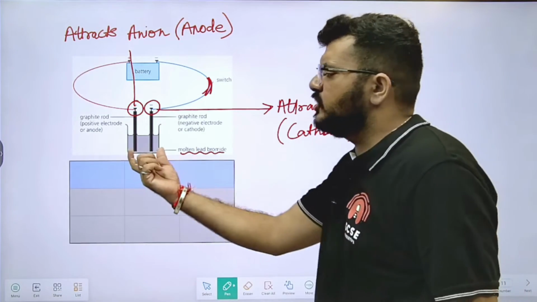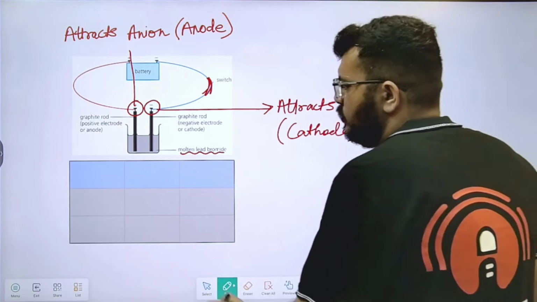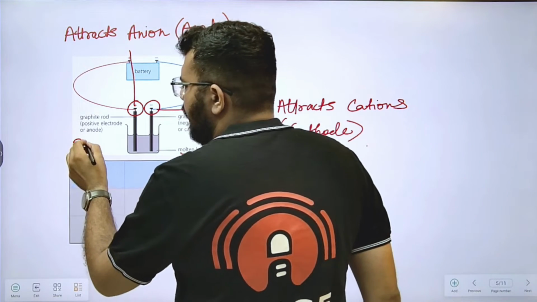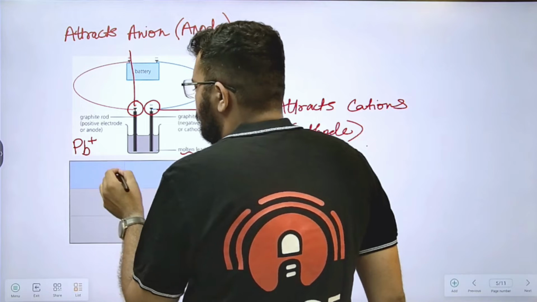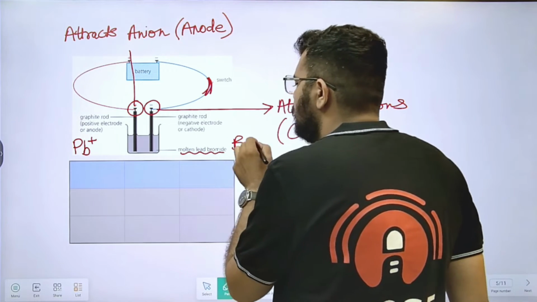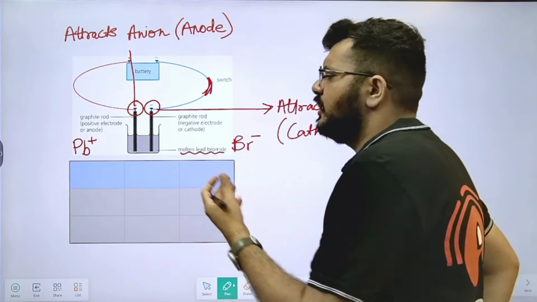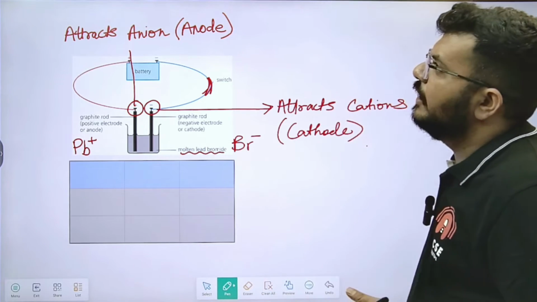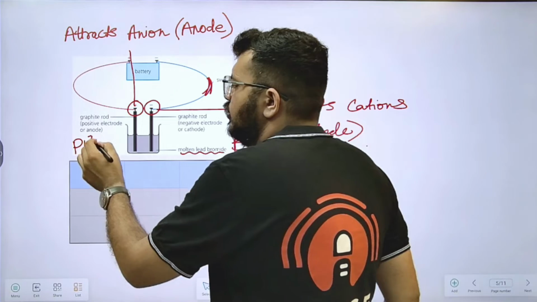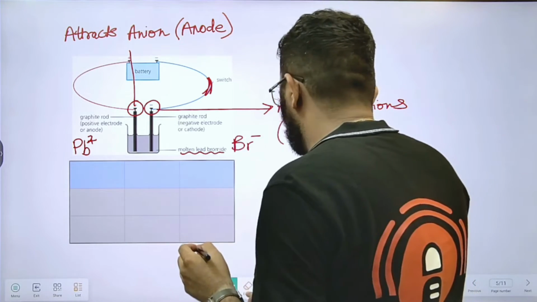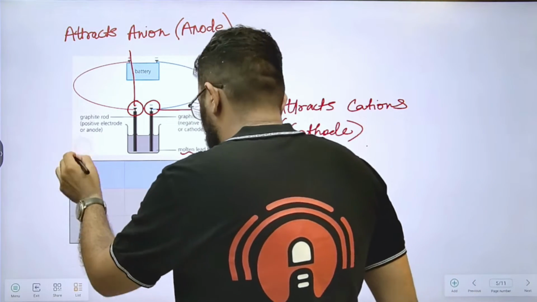Now, what are the positive and negative ions in this solution? The positive and negative ions are lead and Br minus, right? Lead 2 plus, let's say, PbBr2. I think it's okay if we write Pb plus. So let's use that only.